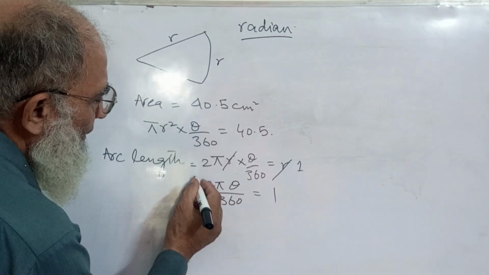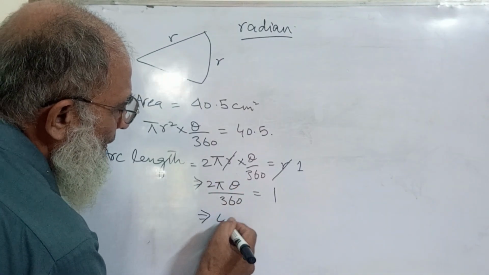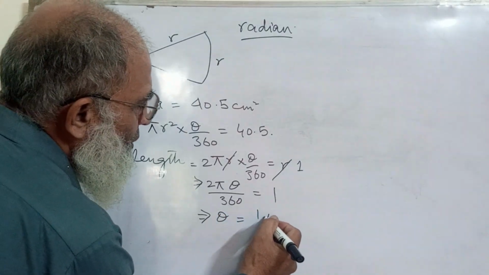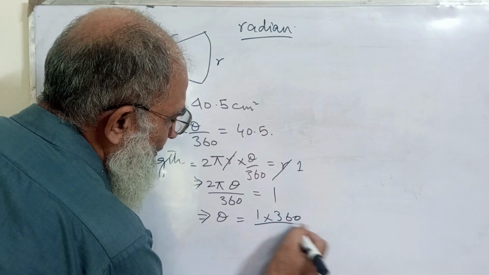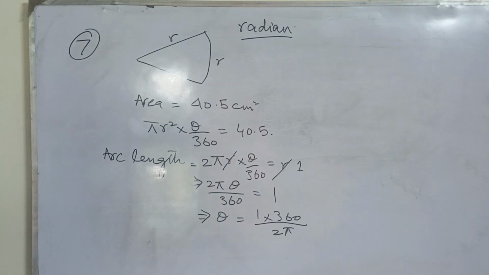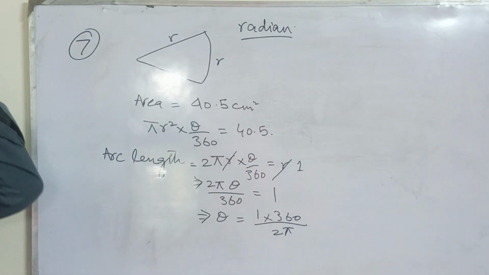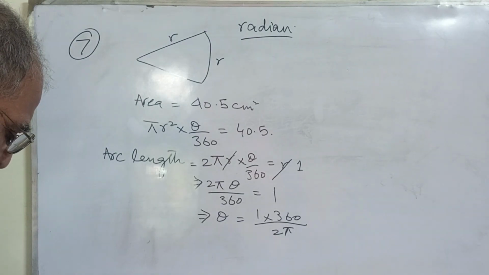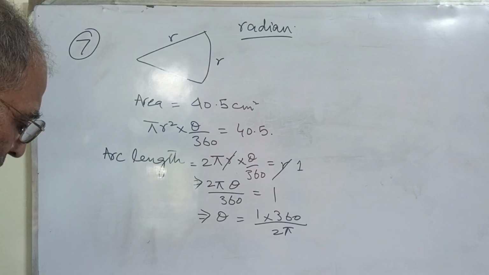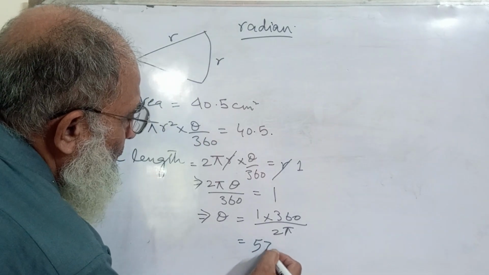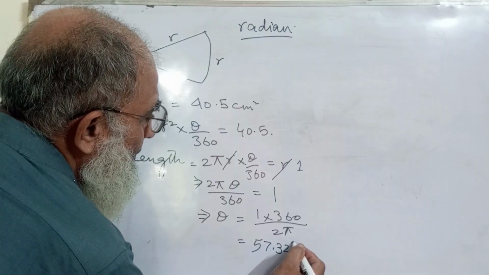Now we can find theta out of here. So theta is equal to 1 into 360 divided by 2 pi. If you calculate this, 360 divided by 6.28, it becomes theta equal to 57.32 degrees.